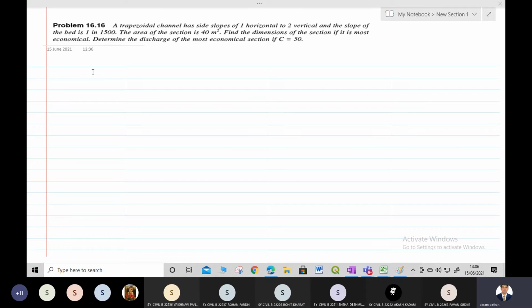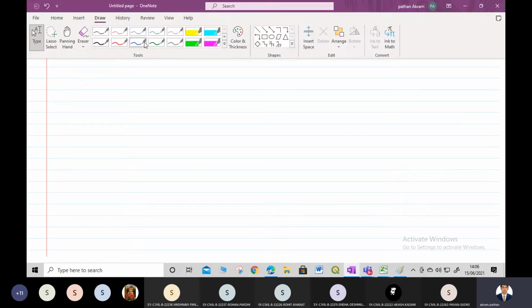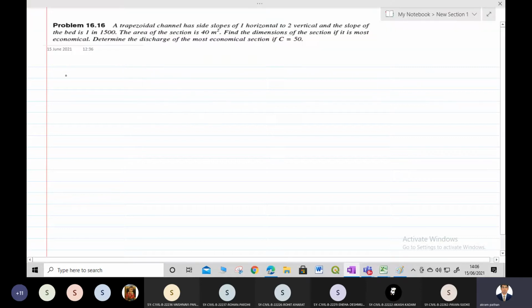So what you have to do in case of CA2? You have to do the hand solution with the help of your usual procedure. So I am going to do the solution for this particular problem. So first, what you have to do? You have to write down the given data.